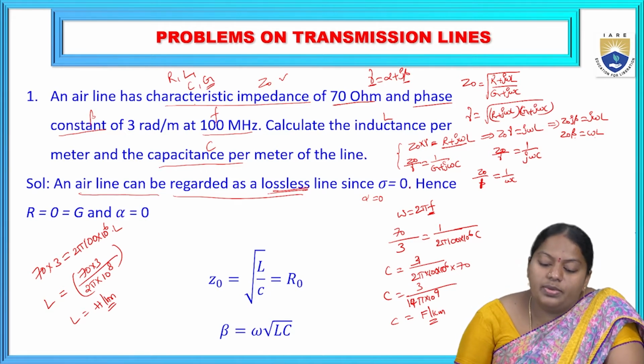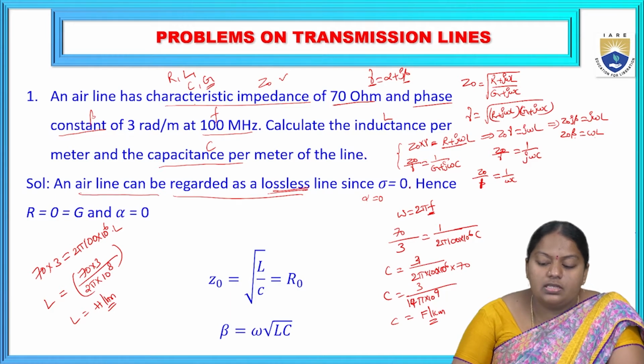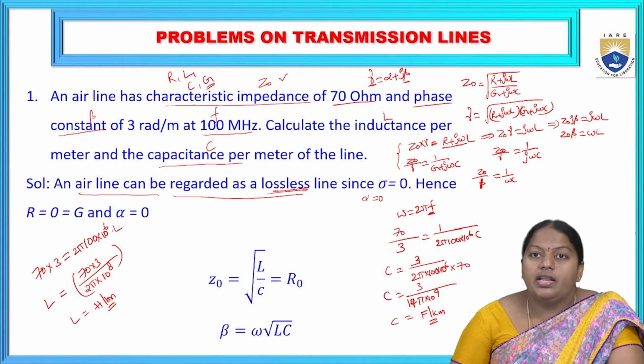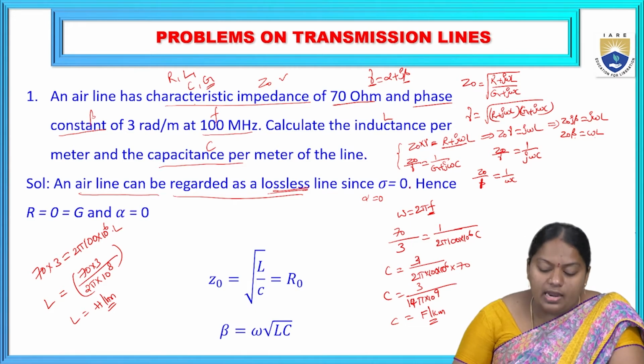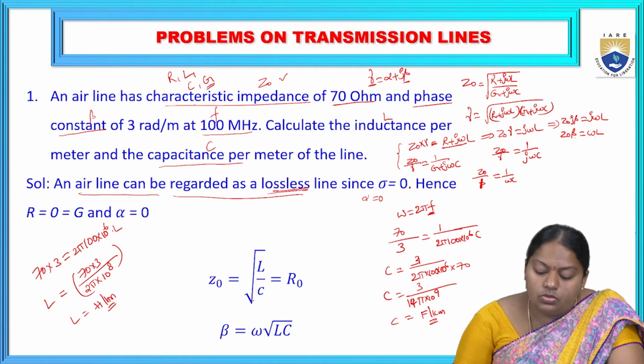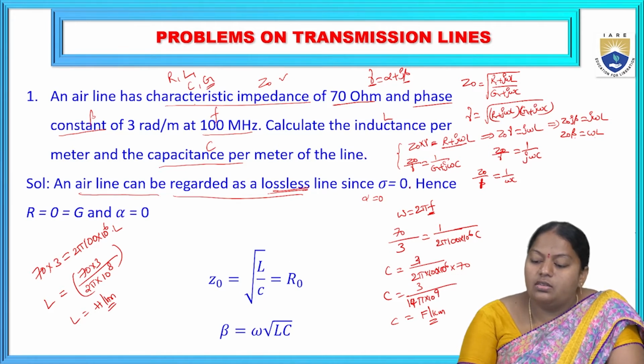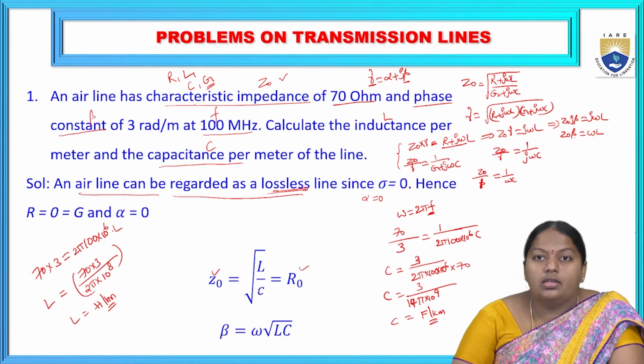So this is one of the methods to measure the given parameters, either inductance per meter or capacitance per meter. Or we will go for another formula, Z0 is equal to root over L by C. Why? Because if we substitute R and G by zeros, then j omega gets cancelled, root of L by C is obtained, and Z0 is here R0.